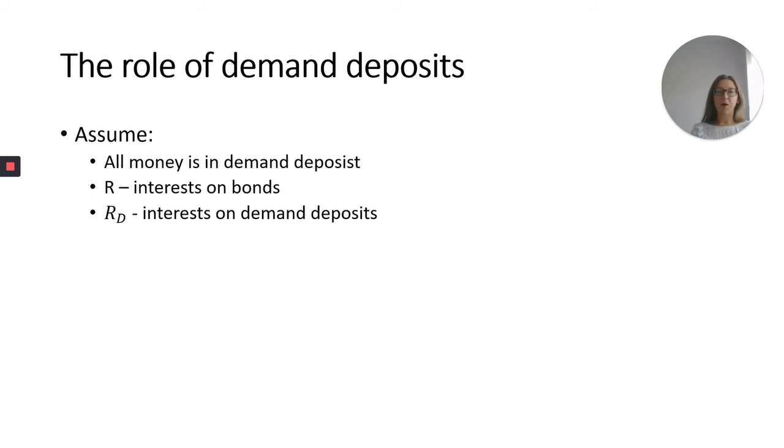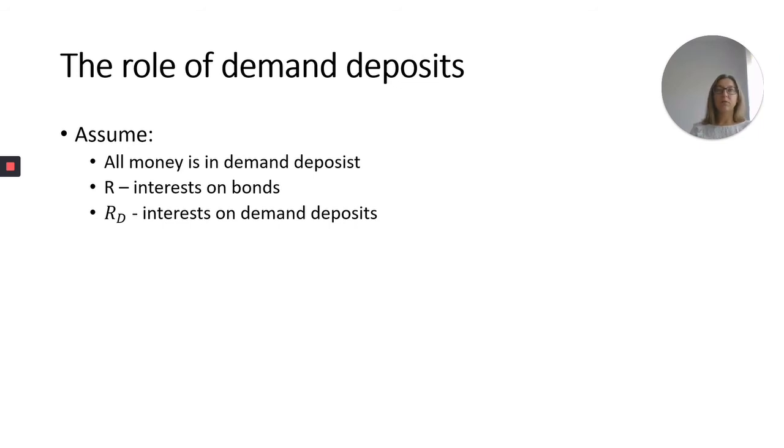Demand deposits means that it's not cash, it's somewhere in the bank, but you can get it as soon as you ask, as you need. So it is a very liquid form of deposits. Now we assume that all money people have is in demand deposits.